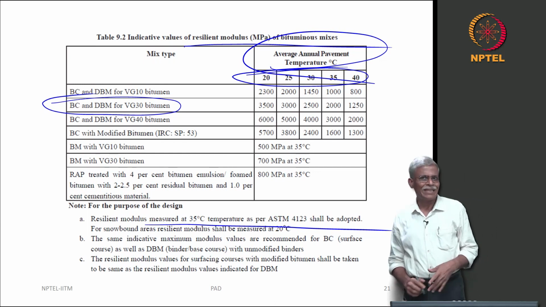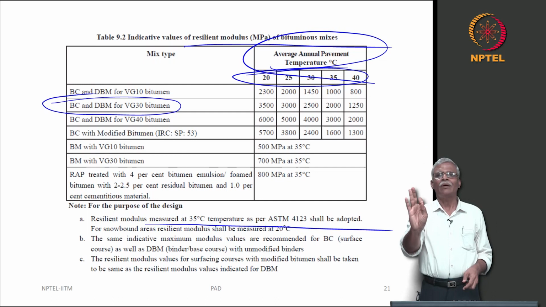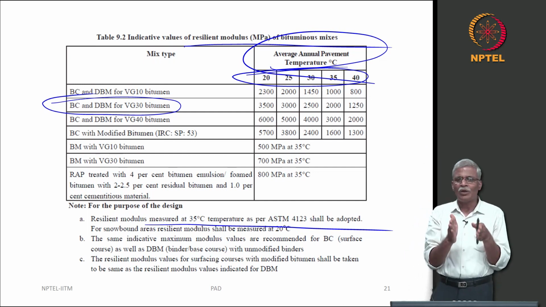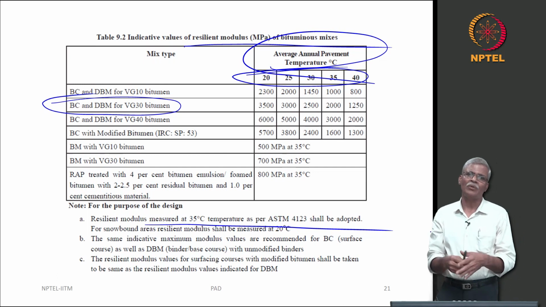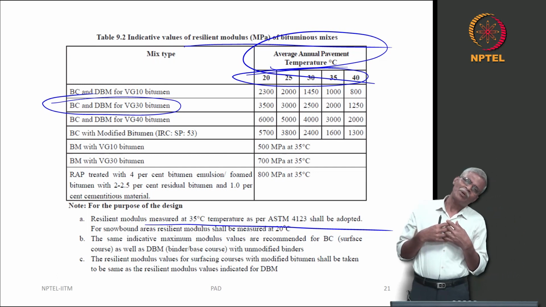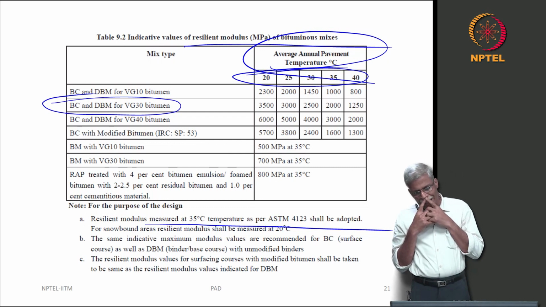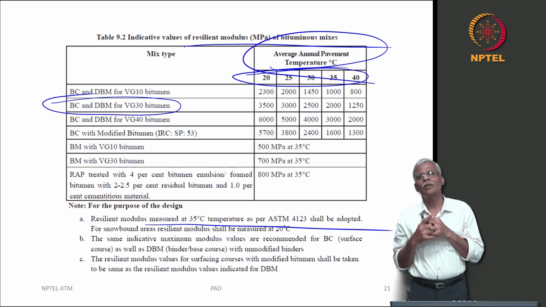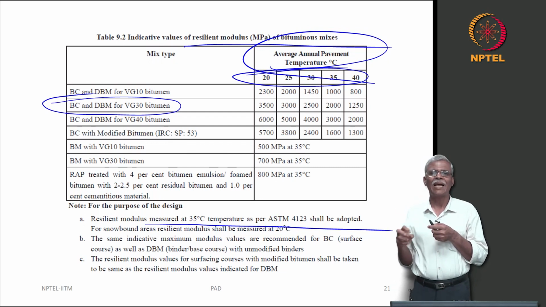I am not going to get into that, but what I really want to emphasize is the following: there are 3-4 temperatures that are given, and indicative bituminous mixture values are given. So as a pavement designer, what will bother me is, you are telling me that I should use a modulus value for a temperature corresponding to an average value.